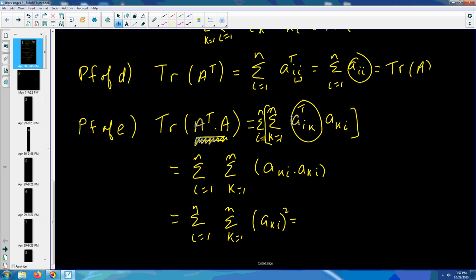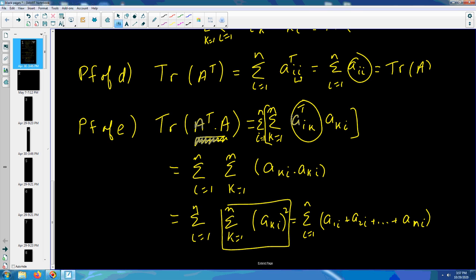But computing this first, this is the summation as I goes from 1 to N of A1I plus A2I all the way up to ANI. And of course I have one thing very wrong. These are all squared. So all I did was let K be 1, then I let K be 2, and 3, and 4, all the way up to N.